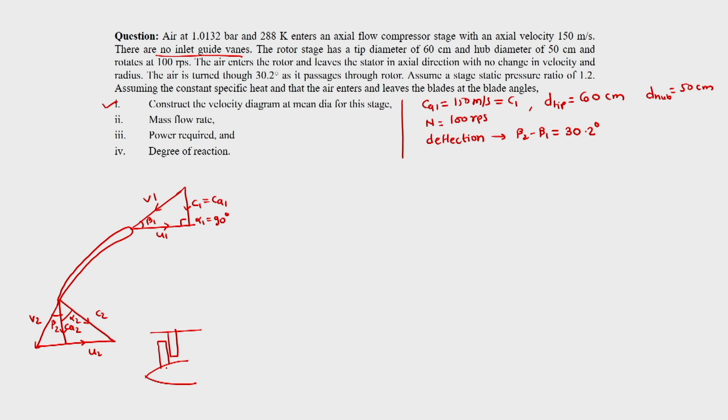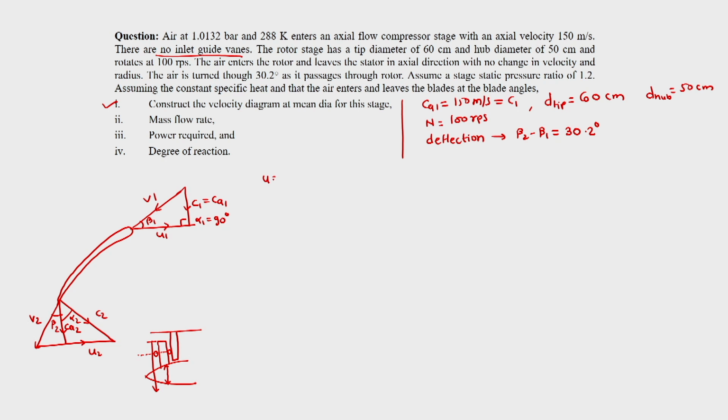We are given the hub diameter and the tip diameter, but we should always work with the mid height of the blade. So all our calculations belong to the mid height of the blade, so we take the mean of these two diameters. We have drawn the inlet and outlet velocity triangles where there is no change in radius, as suggested.